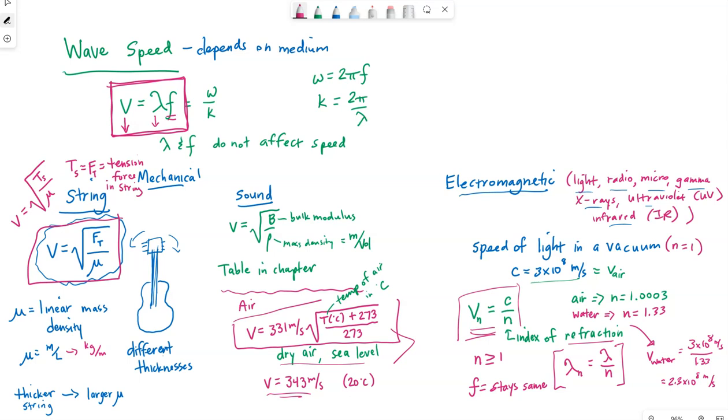Technically, it does depend on the air pressure, the density, humidity, but again, we're just going to simplify that down to being temperature for our intents and purposes right now. And then electromagnetic waves travel at the speed of light unless they're in another medium, and we account for that using this index of refraction. So we'll do a couple examples so that you can see how to use the equations, and then we'll talk about the other concepts in this chapter.